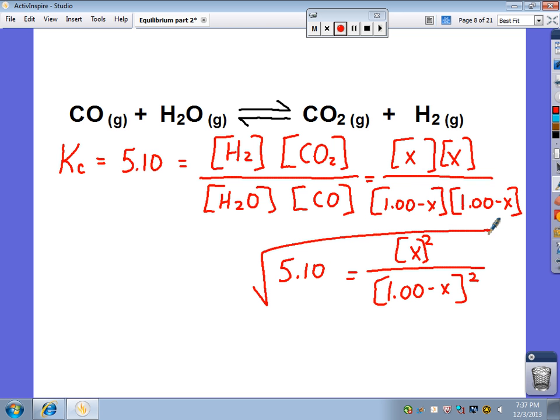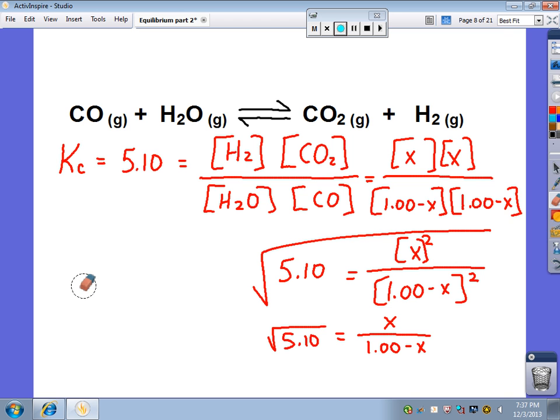That means I have the square root of 5.10 equal to x over 1.00 minus x, don't I? How about that? And if I do my math, I'm going to take the square root of 5.10, and let me do that on my calculator so that we can actually get a number value.